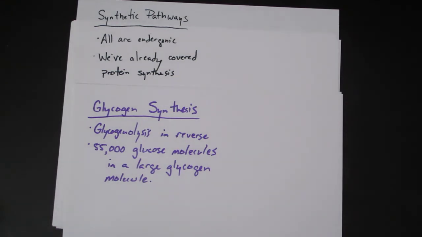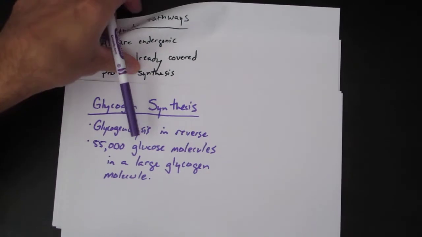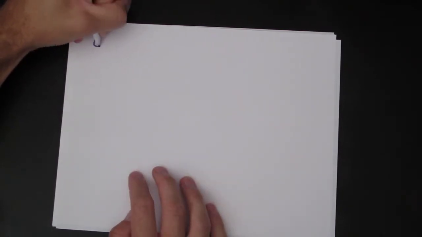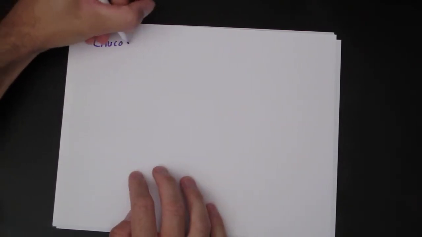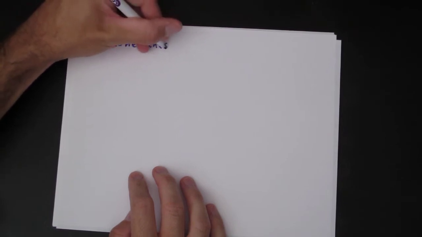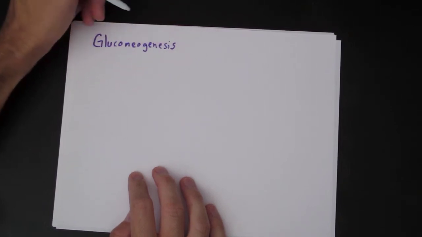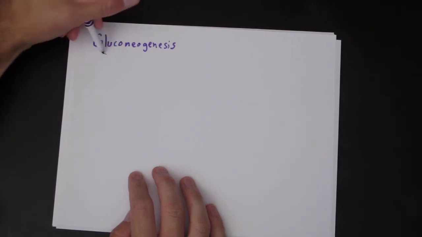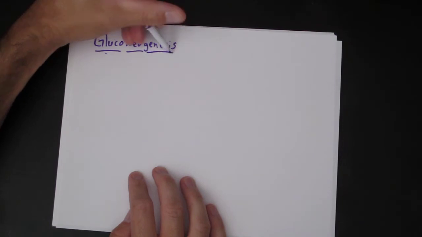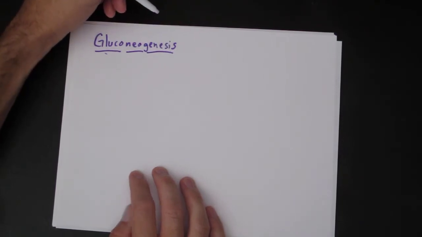All right. The next pathway that I want to talk about is one called gluconeogenesis. Gluco is sugar, neo is new, and genesis means the creation of.